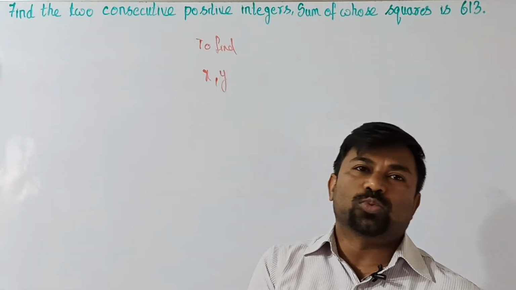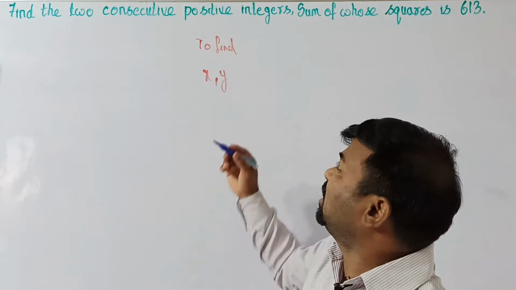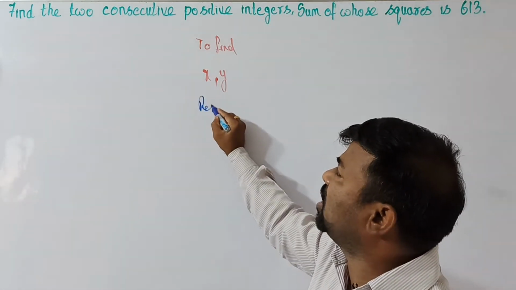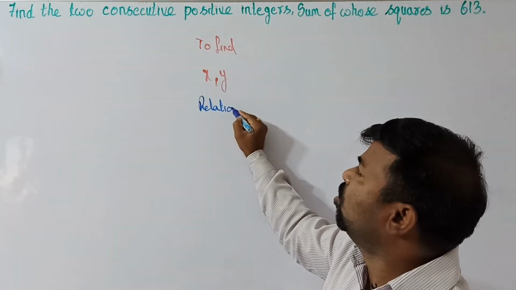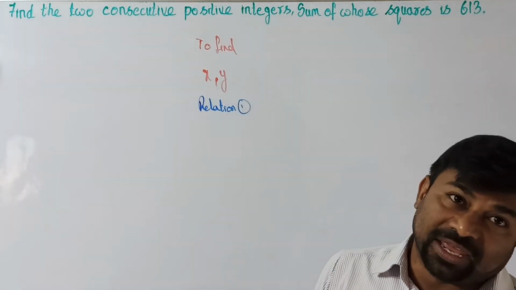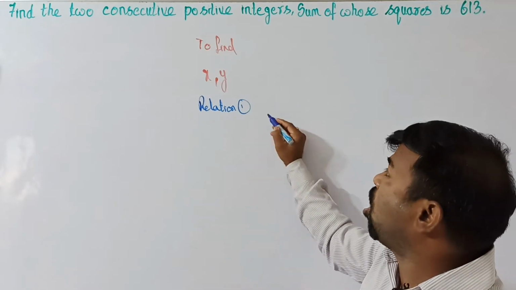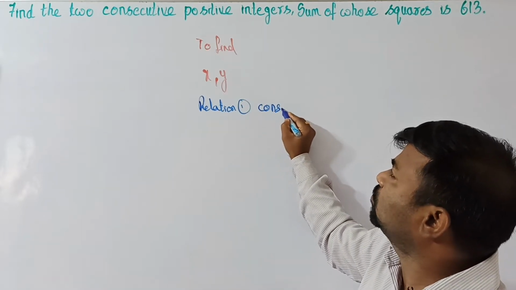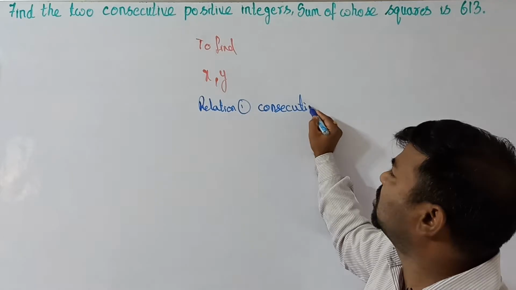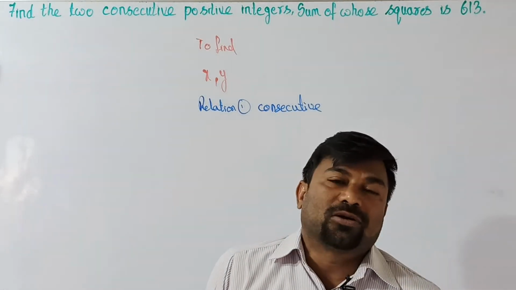Let the two numbers be x and y. What is relation 1 he has given? The two numbers we are supposed to find are consecutive.